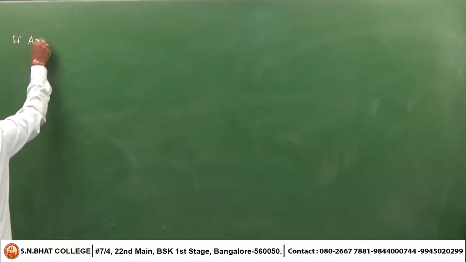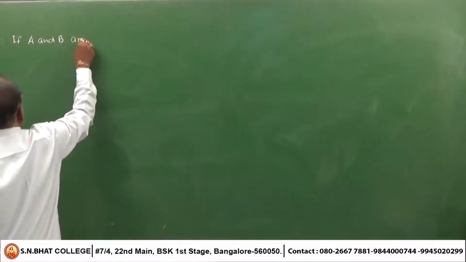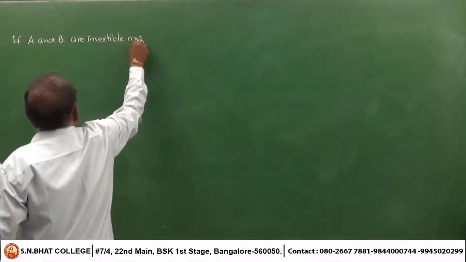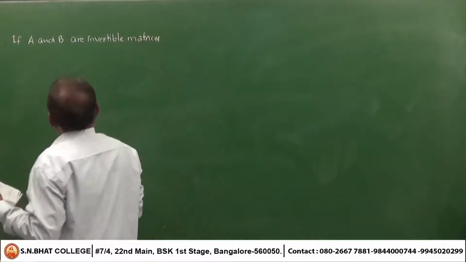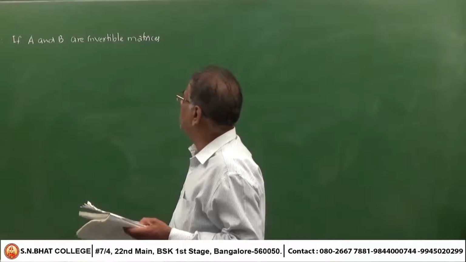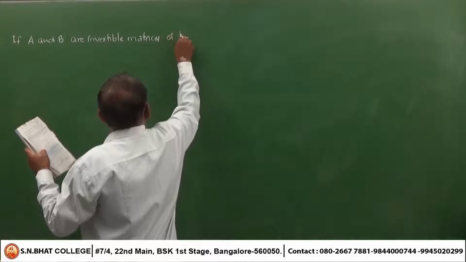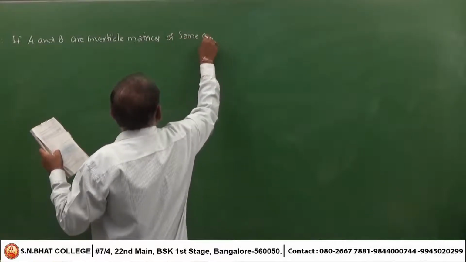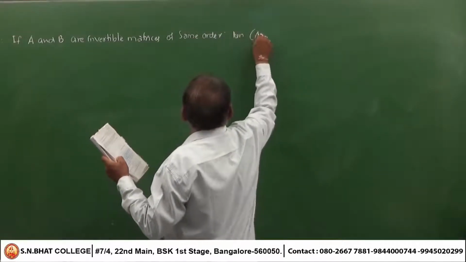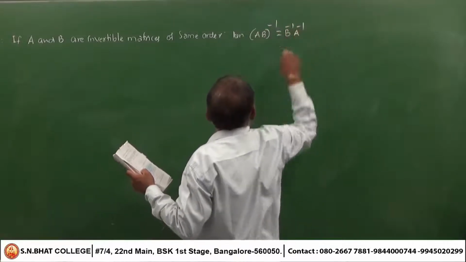If capital A and capital B are invertible matrices of the same order, then we have to prove that AB whole inverse is equal to B inverse A inverse.